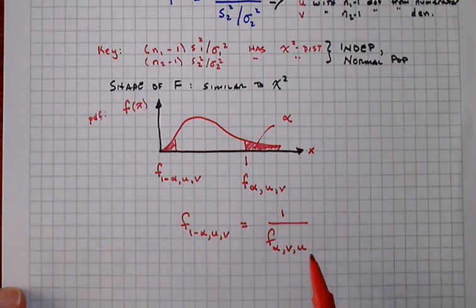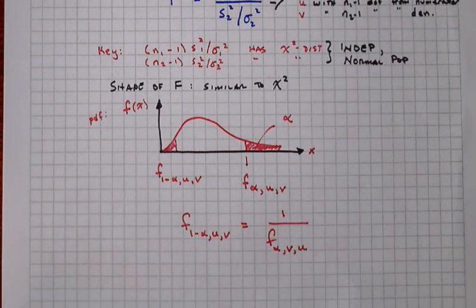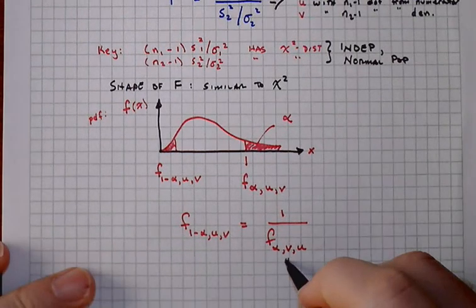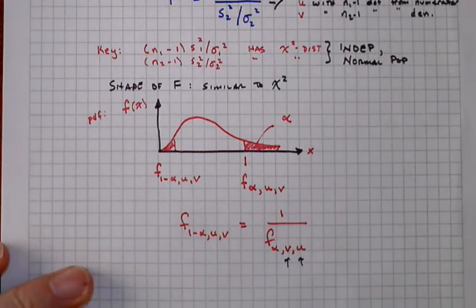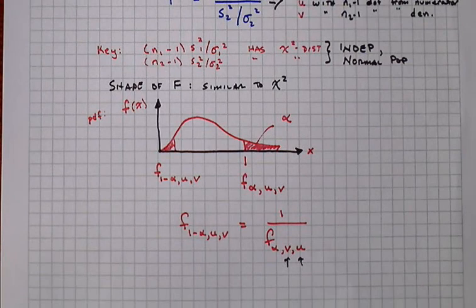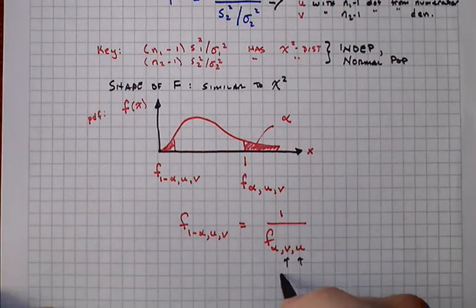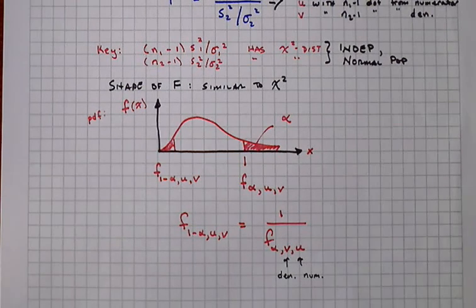We've switched the order of the subscripts here, the v and the u. V is the denominator and u is the numerator in this case. And that's crucial when you pull out the table values. You'll see that here in just a second in the numerical example.